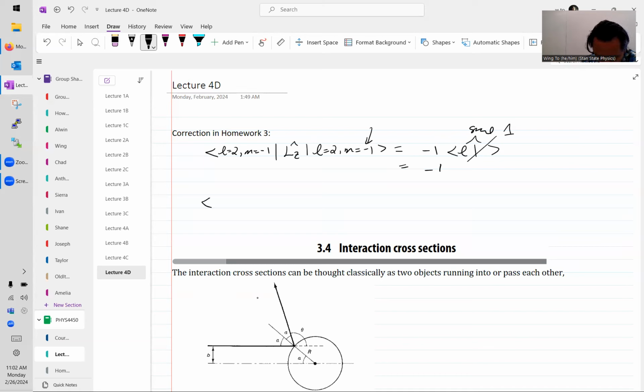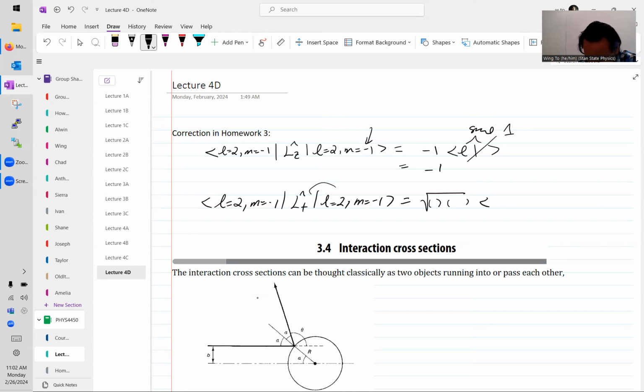But one of the things that some of the students noticed was that if you do the same thing for, for example, the L plus operator, this will give you an expectation value. I'm not going to even try to calculate it. It's just an equation.